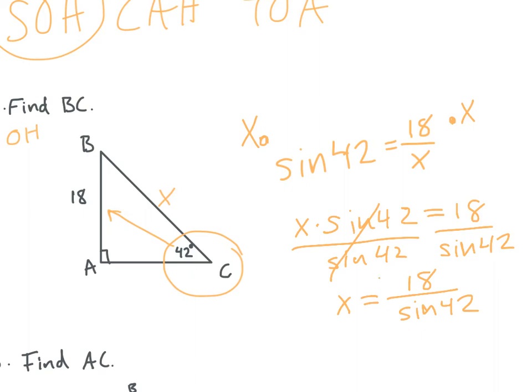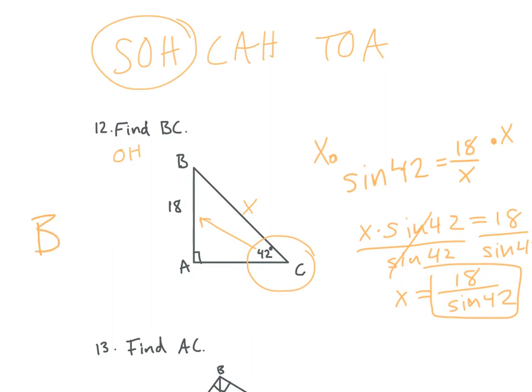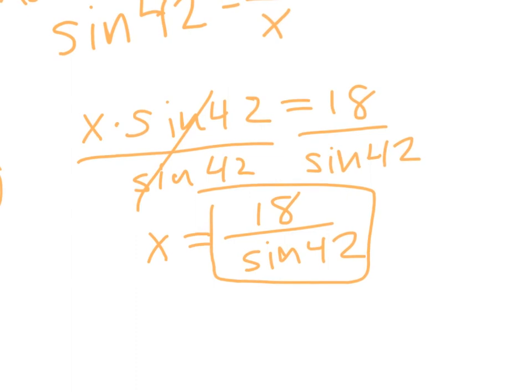Did I do it right? So you're going to put this into your calculator. And what do we get for BC? 26.9. How do you put that in the calculator? Depending on what type of calculator you have, in the one that I use, I'll do the sine of 42, find out what that is, and then you just do 18 divided by that number.